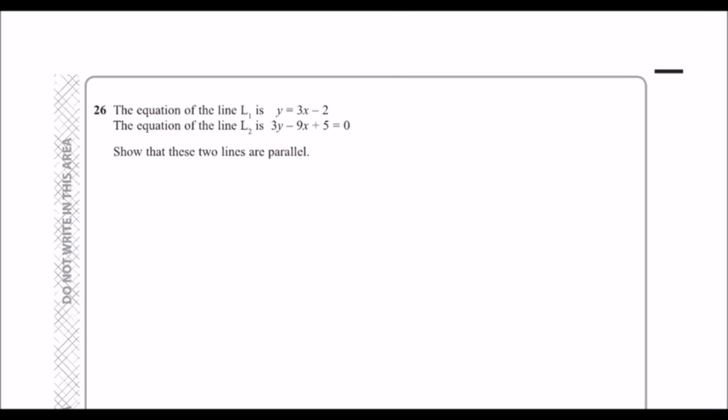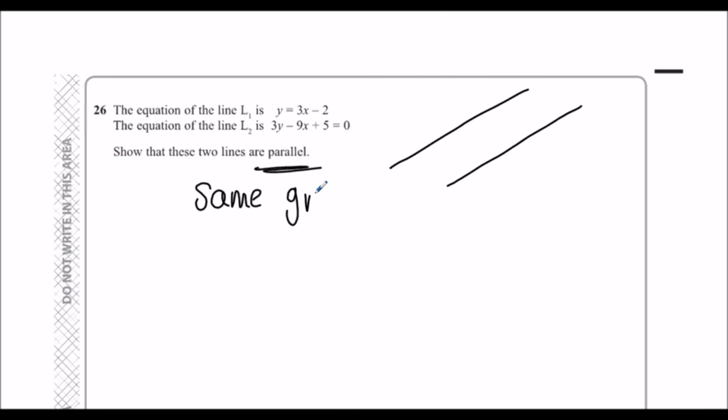Okay, question 26. The equation of line L1 is y equals 3x minus 2. The equation of L2 is 3y minus 9x plus 5 equals 0. Show that these two lines are parallel. So if two lines are parallel, that means they go in the same direction and they have the same gradient.